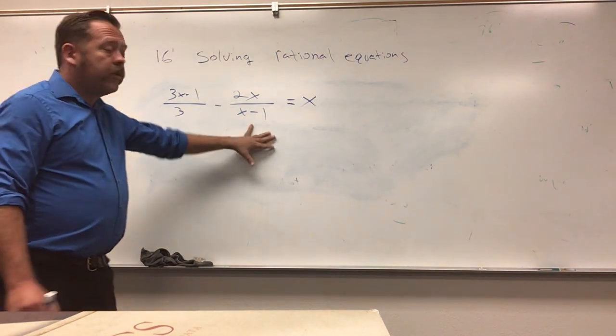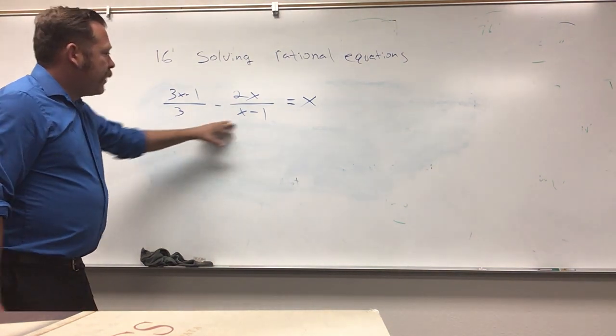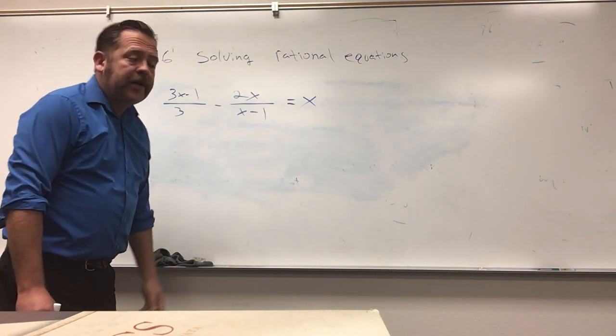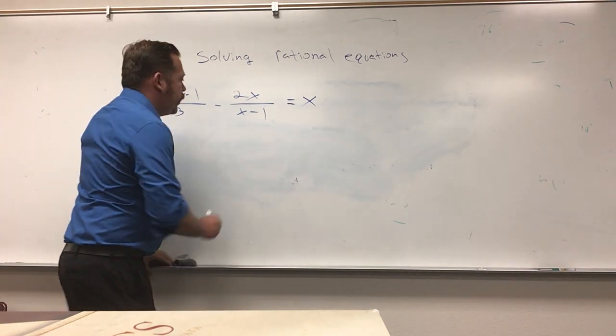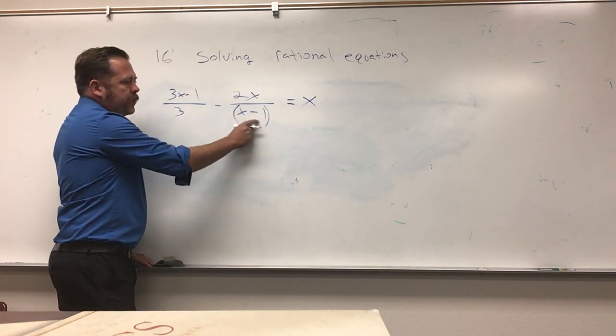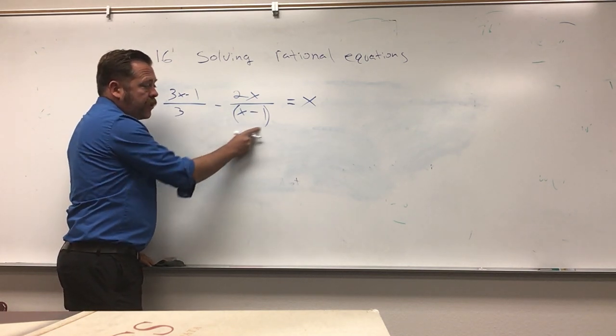We need to make all the denominators look the same. These are two completely different factors. They don't have anything in common. We have a denominator of 3. We have a denominator of x minus 1. So we're going to look at this one, and we're going to see what factor this one needs that this one has. Well, it needs a 3.